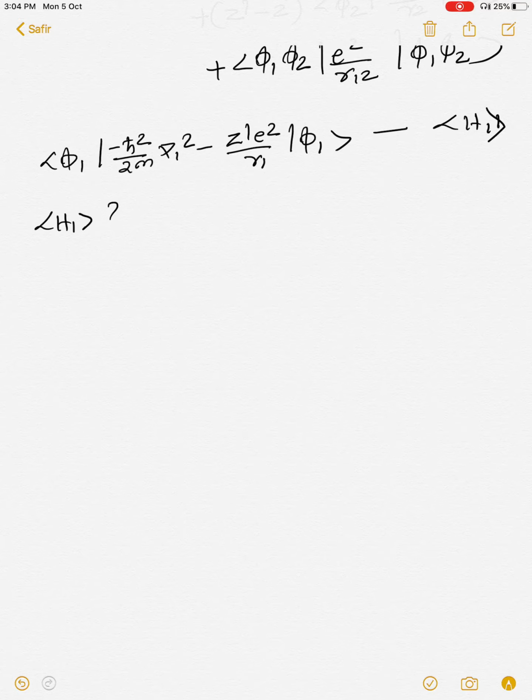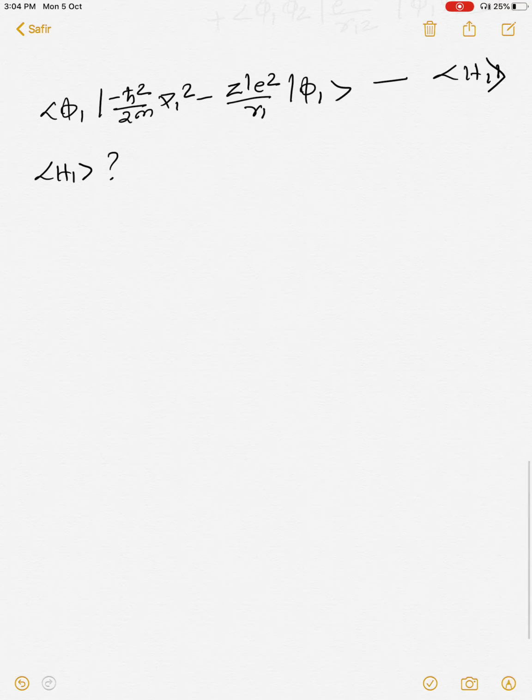So I am going to find H1. Before that, I just go through some tools. We know in spherical polar coordinates, what is del square?